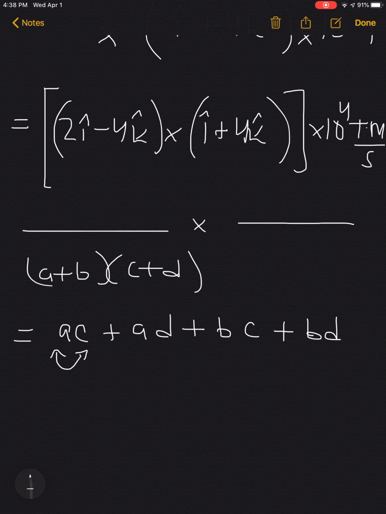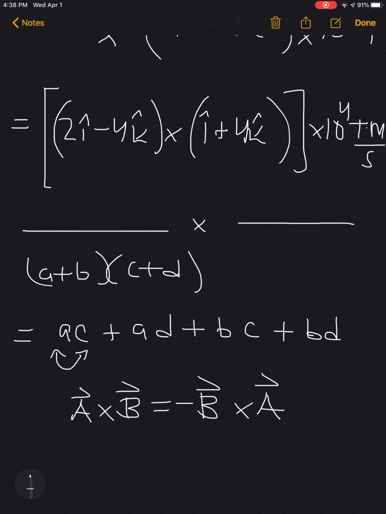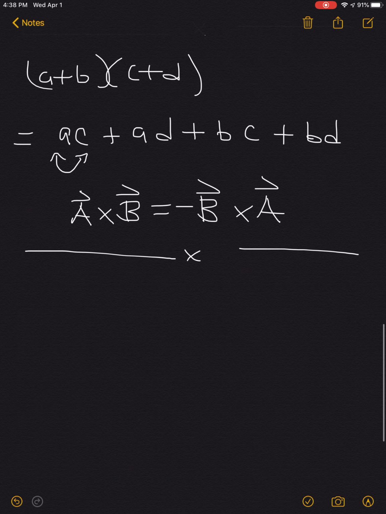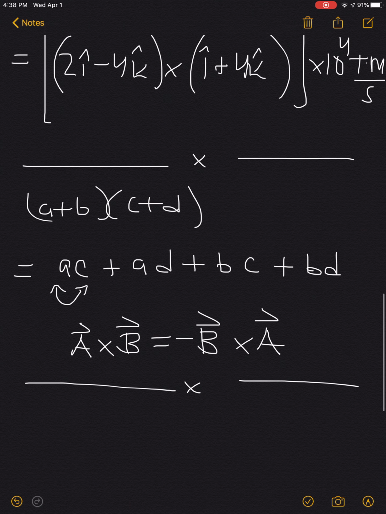But you just have to remember that when you're doing a cross product, A cross B is equal to minus B cross A. And this is something that we just have to keep in mind when we are manipulating things like this. So going back, we know that we can just do a cross product like we did before.